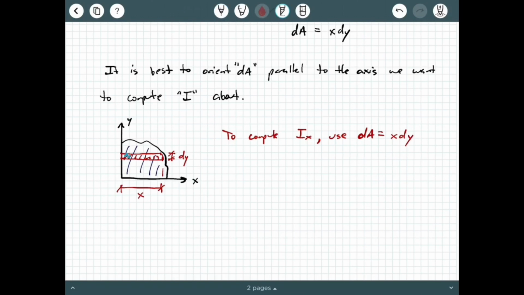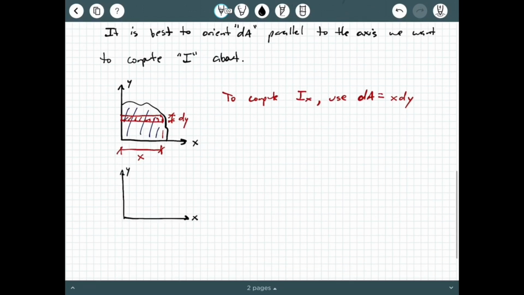So to compute I sub x, we're going to use dA equals x times dy, okay? And again, our little differential slice becomes parallel to the axis that we want to compute the moment of inertia about. So what if we have the same area and we want I sub y, okay? To compute I sub y, use dA equals what? y dx.